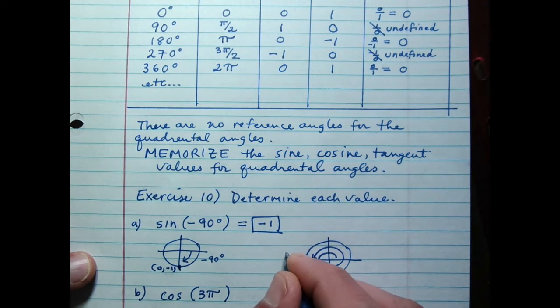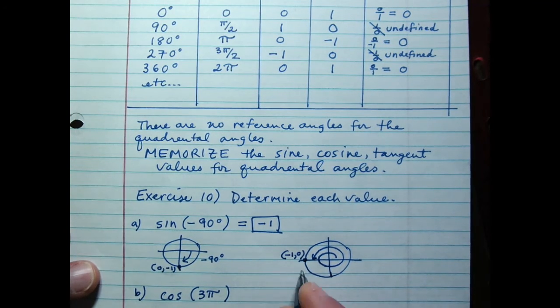It ends up here at the point negative 1, 0. And it has the same terminal side as 180 degrees. The cosine of 3 pi is the x-coordinate of this point, so it's negative 1. Negative 1 also.